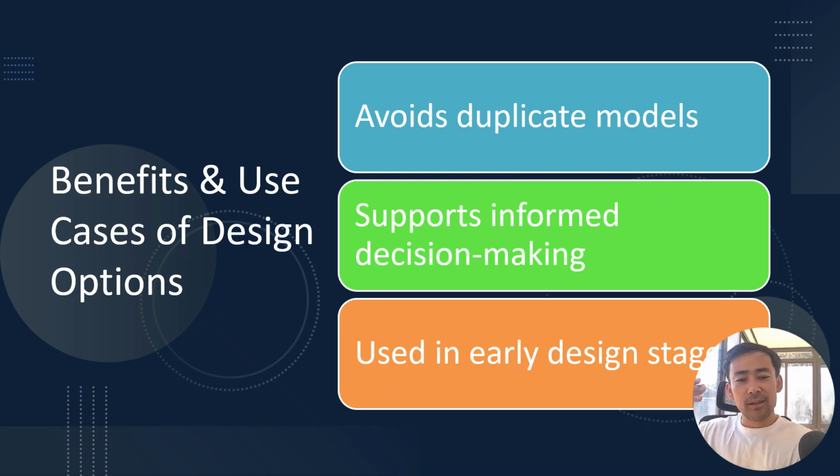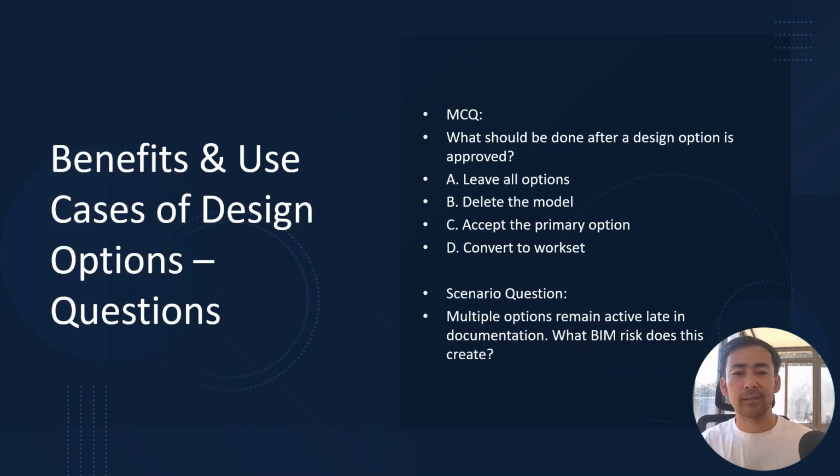So we have multiple alternatives, and we prioritize our design and then make decisions based on that. It is used in early design stages. As said earlier, it's used in conceptual design phases. So that's how we use, why we use, and where we use the design options.